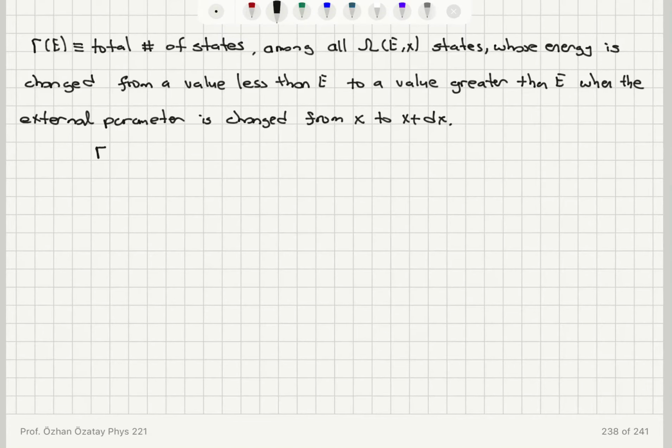In order to find the total number of states that are shifting, I have to look at all ith subsets for gamma I E, among the omega I states of the ith subset whose energy changes from a value less than E to a value greater than E. So I have to count all possible i's.